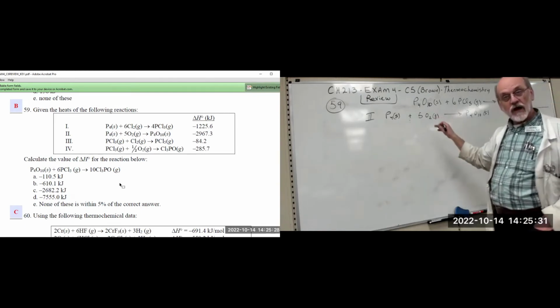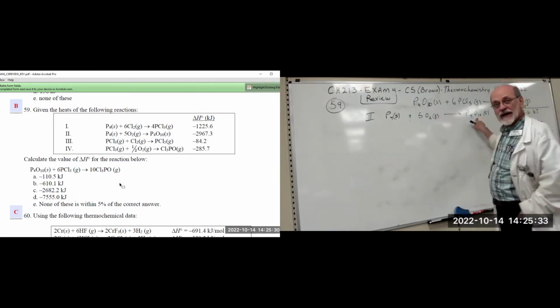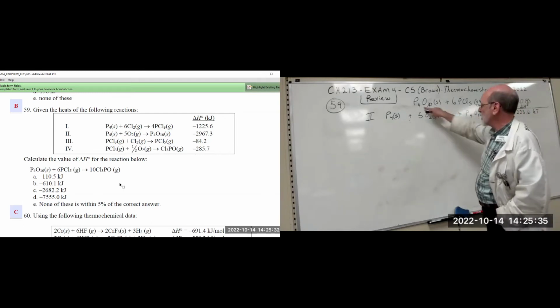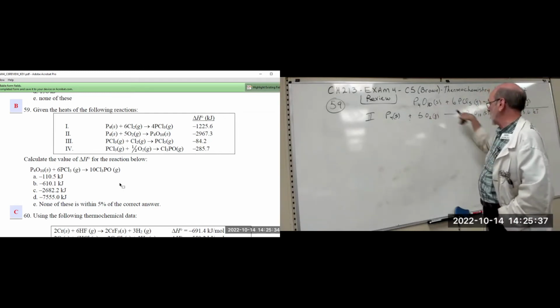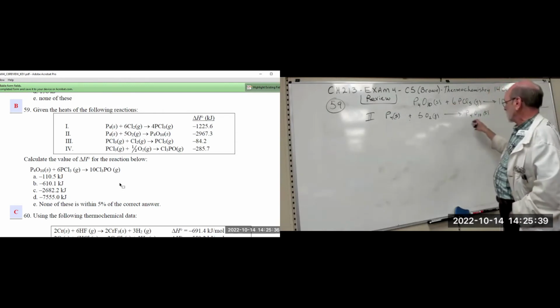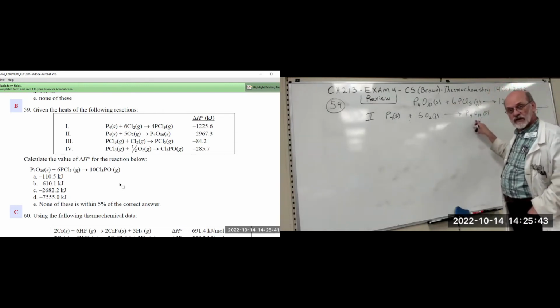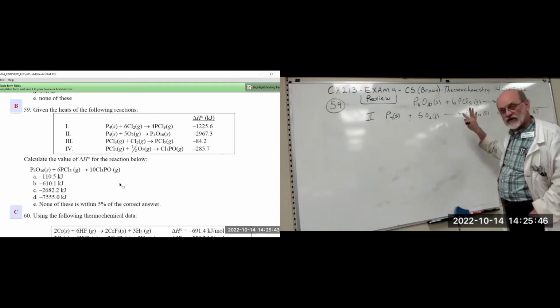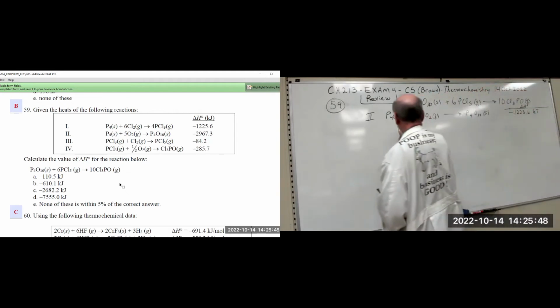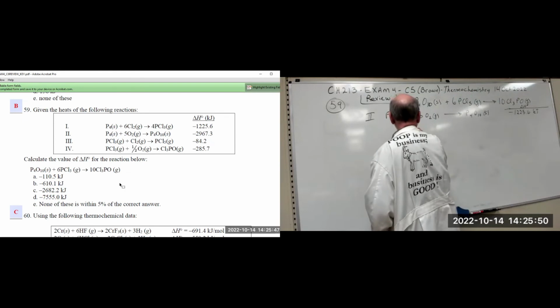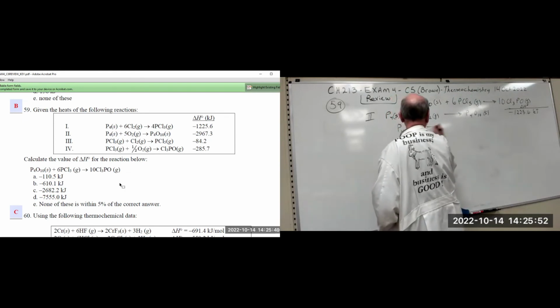Okay, first off, notice this is on the wrong side of the equation. It needs to be over here on the left side of the arrow, right? But this is exactly how many we need, just one of those. So all we have to do is flip the equation. Like that.